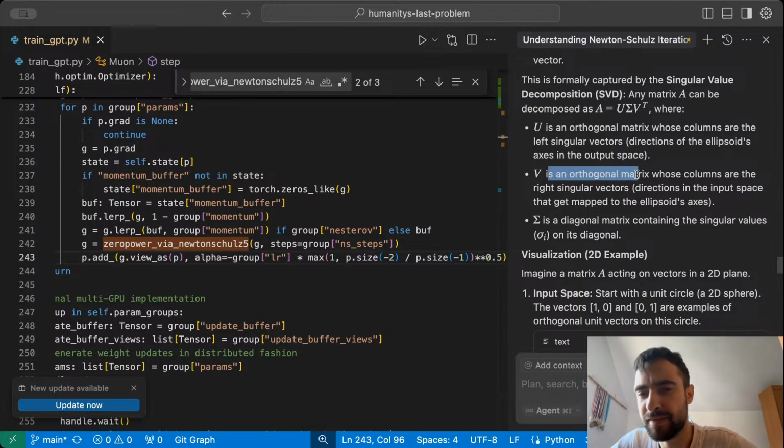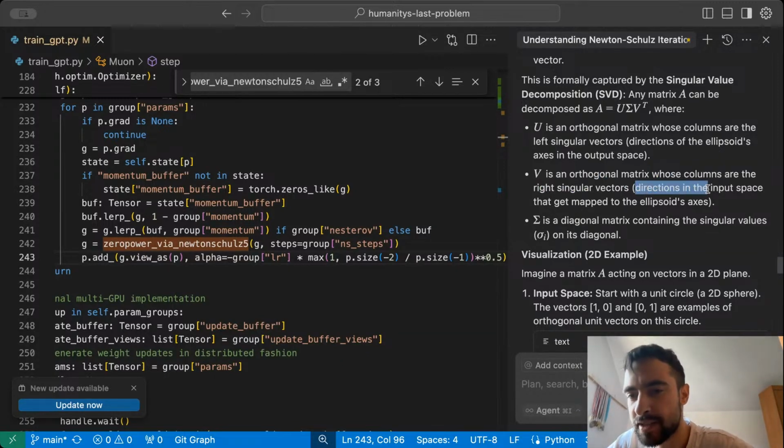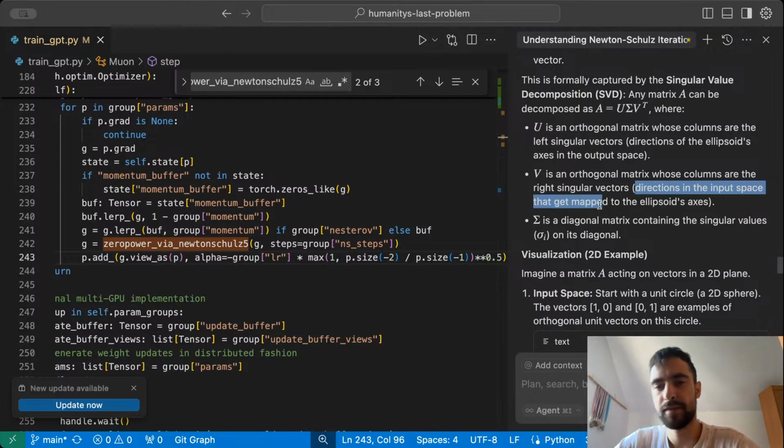V is an orthogonal matrix whose columns are the right singular vectors, directions in the input space that get mapped to the ellipsoid. Oh my God.